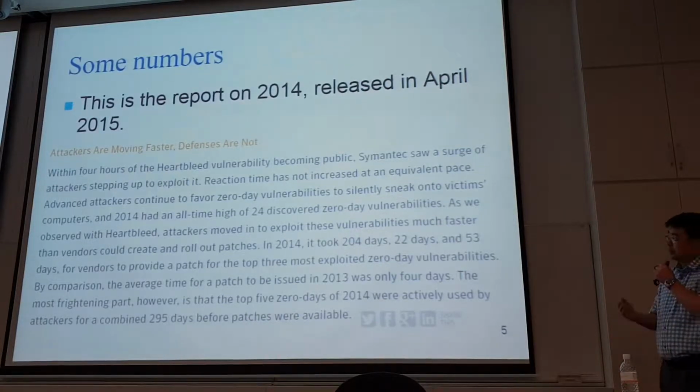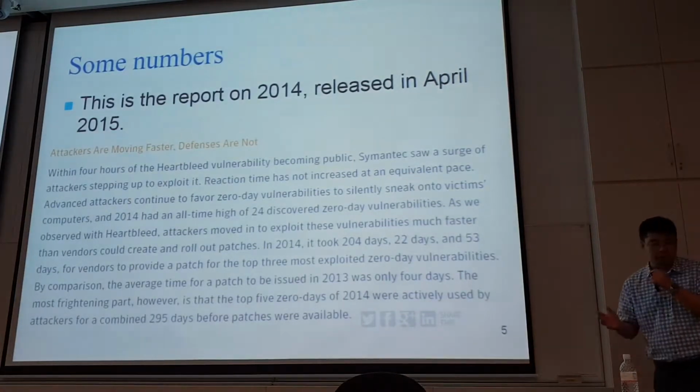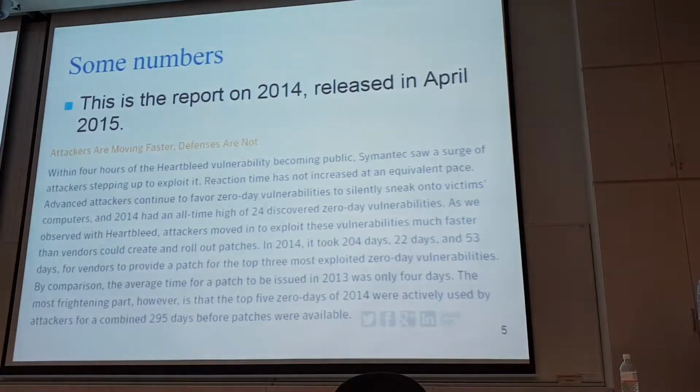Each year, Symantec and other software security companies produce reports to summarize the active threats nowadays and the potential trends in the future. In the report, we can see the attackers are moving faster than the defenders.